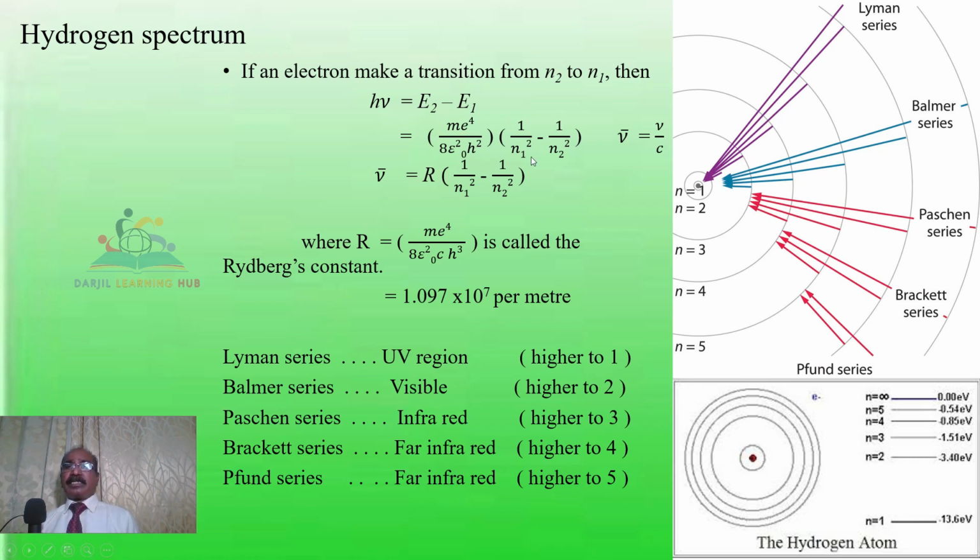That is this expression. And also we can define another quantity, nu bar, which is called the wave number, equal to nu by c. Substituting this, nu bar will be equal to R into 1 by n1 square minus 1 by n2 square, where R is called the Rydberg constant and its value is given here.